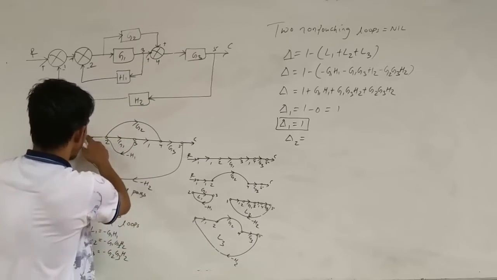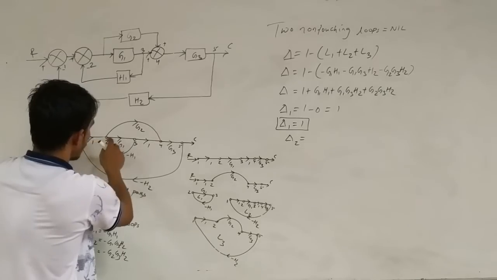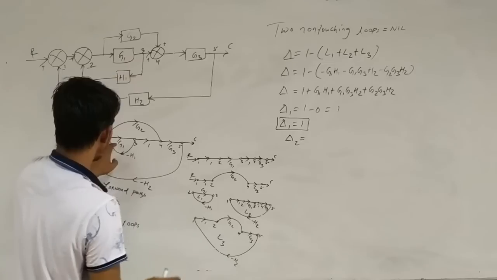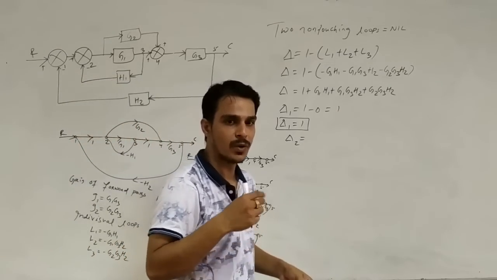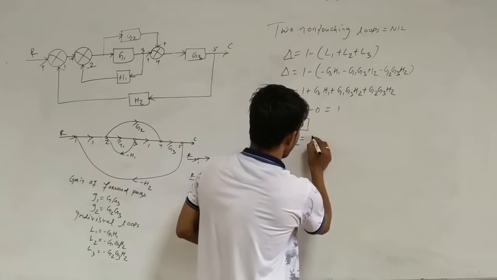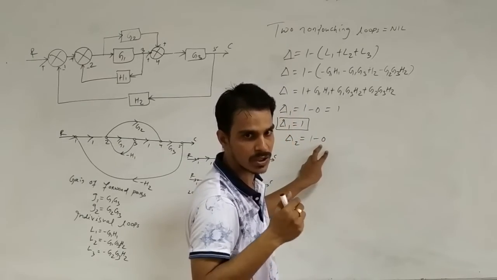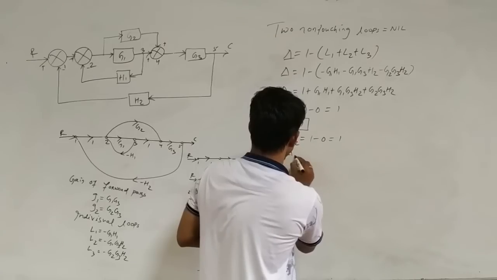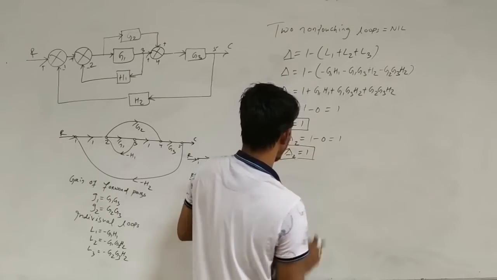See, G2, suppose this 1 to 2, then 4, then 5. This path is touching this loop as well as this loop and this loop. So there is no loop which is not touching the forward path G2. So delta 2 will be 1 minus loop gain which is not touching the forward path, that is not available. So 1 minus 0, that is 1. So delta 2 will be equal to 1.